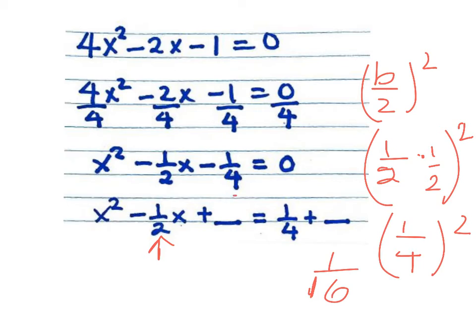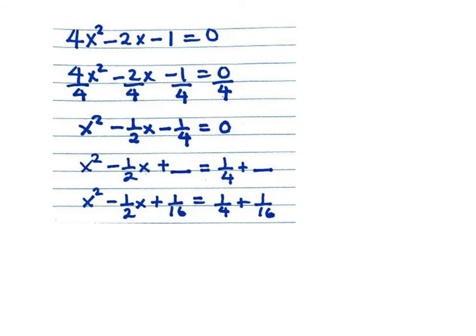So here, this place is going to be 1/16, and here it's going to be 1/16. That is how we got the 1/16 here and the 1/16 here, because we did 1/4 squared and got 1/16. The next step is to add the right side together.